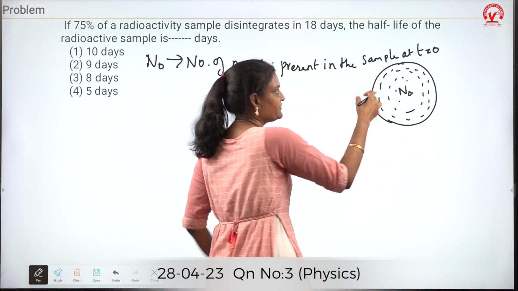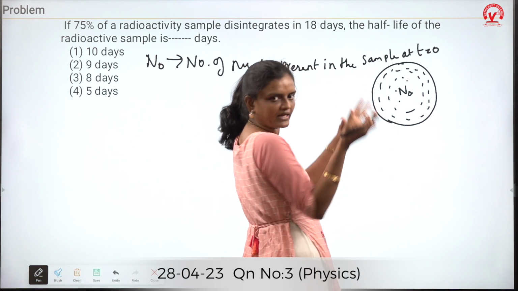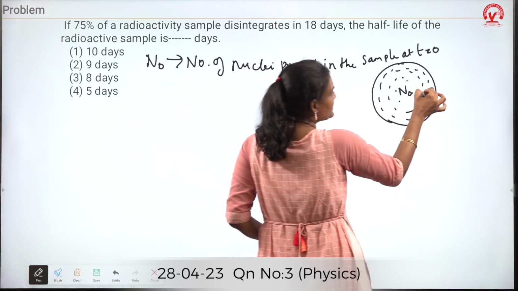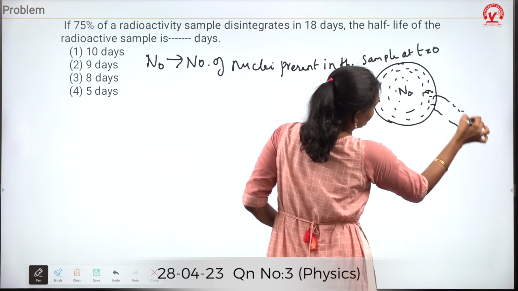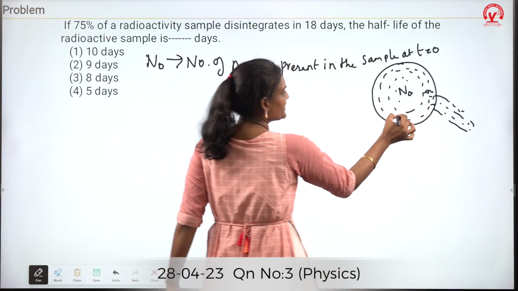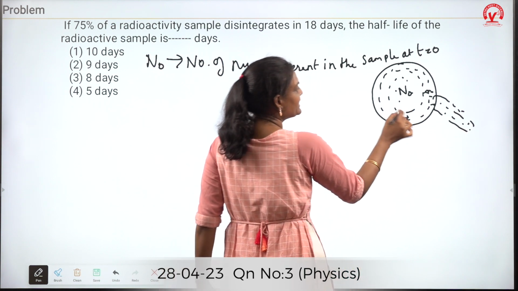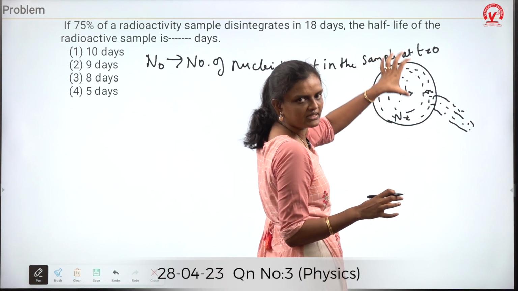After some time, when the time is increased, the radioactive sample nuclei will disintegrate and go out. Now we need to calculate N. What is N? It is the undecayed nuclei. Something will go out and something will remain in the sample itself.